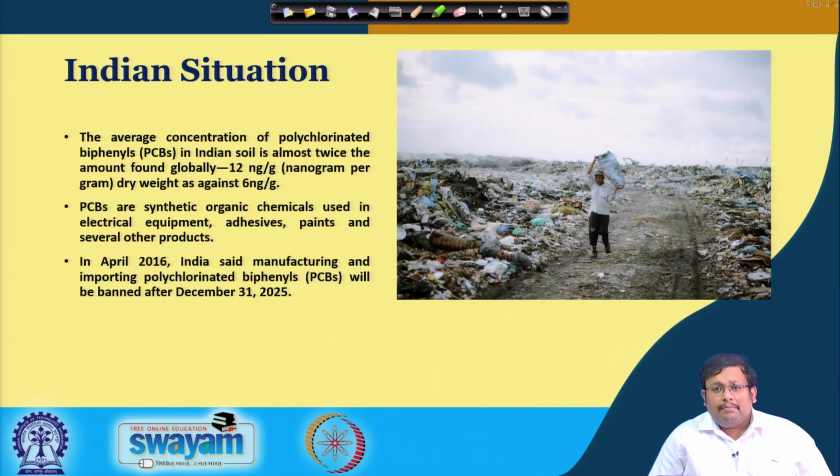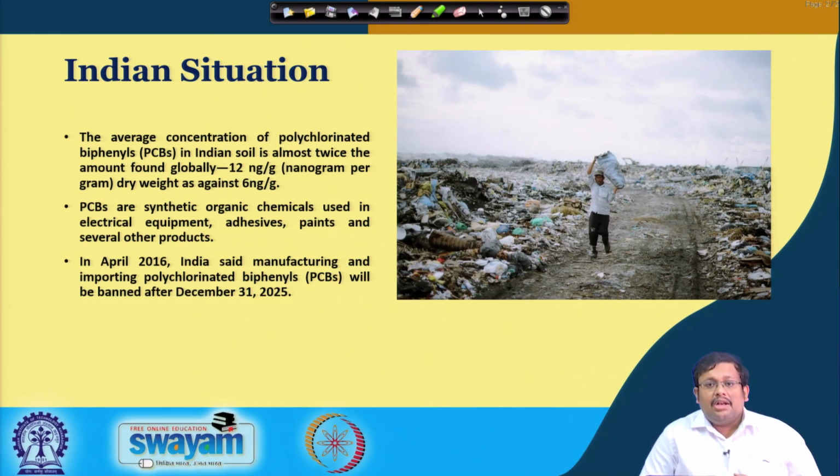Just to give you an example, in Indian conditions, the average concentration of an important chemical pollutant called polychlorinated biphenyl, in short PCBs, in Indian soil is just double what we find in the world and other areas.